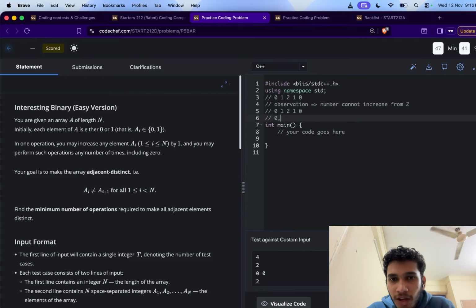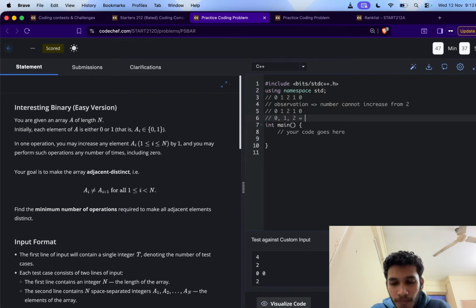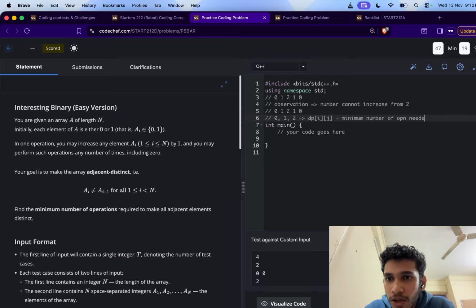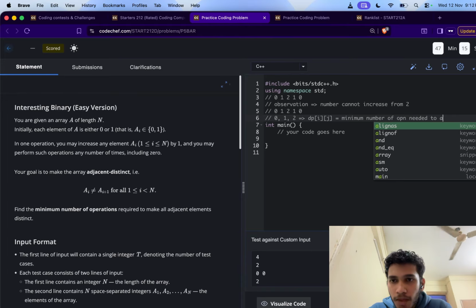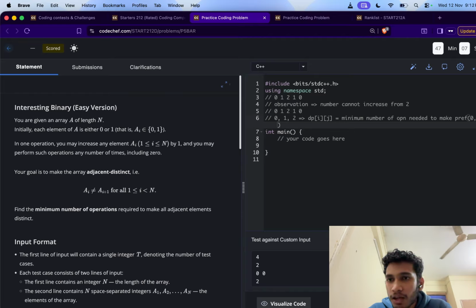Okay, now we know that numbers can be either 0, 1, or 2. So we can use dp in this scenario, where dp of i, j would represent the minimum number of operations needed to make prefix 0 to I, or subarray 0 to I, good.